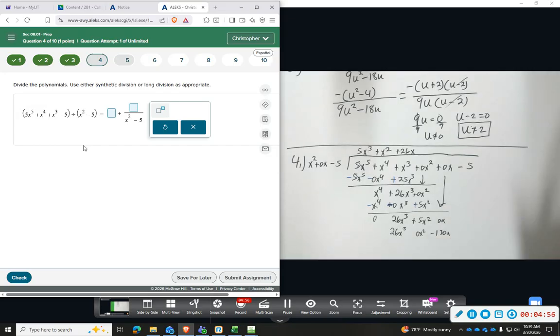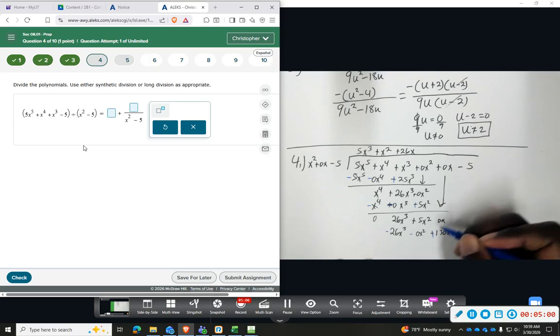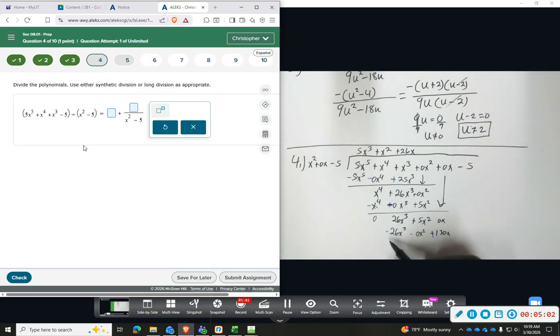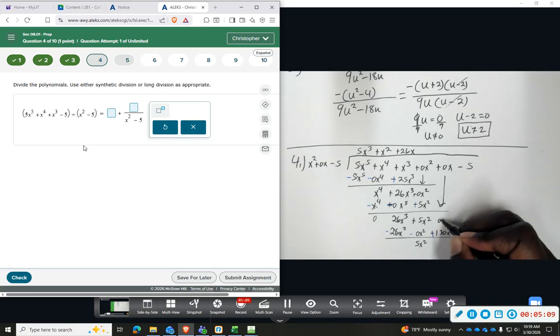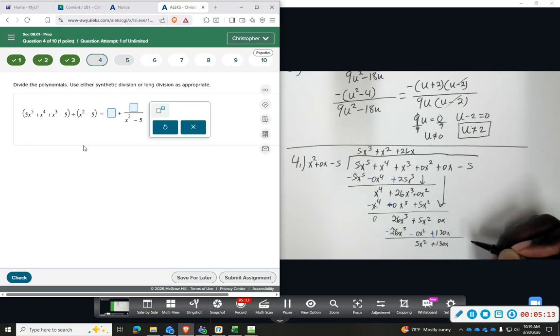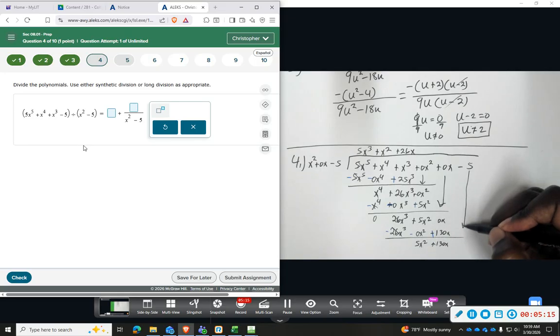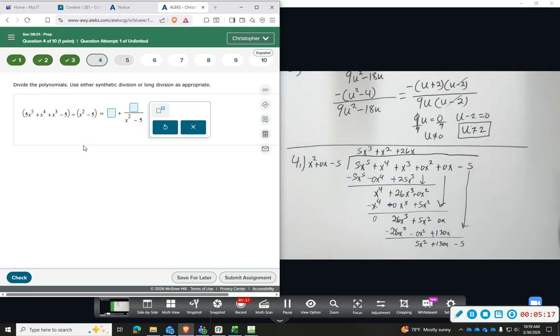And then change the sign. That should always zero out. 5x squared plus 130x, and bring down the last term, negative 5. All right, and then this will be the last step.